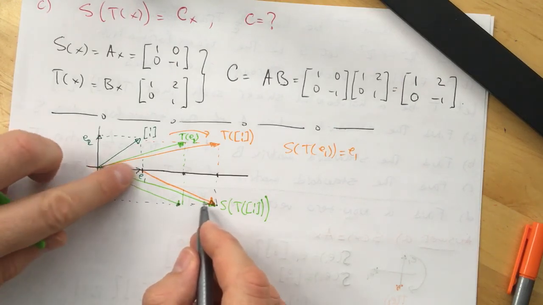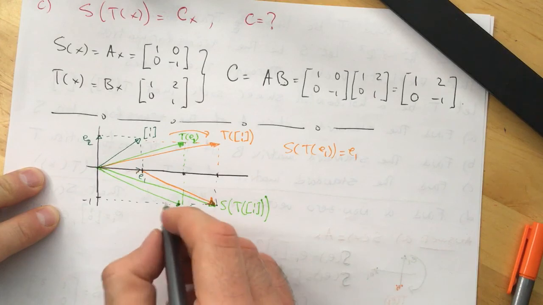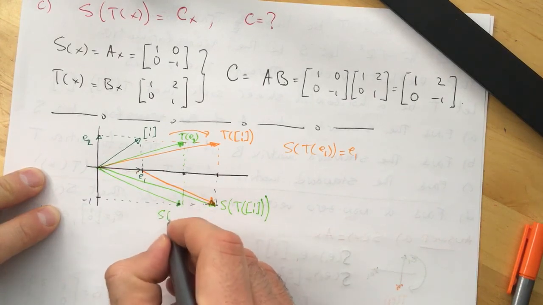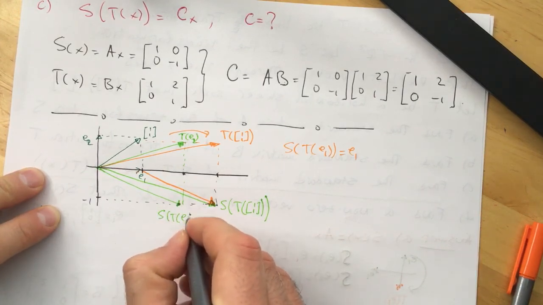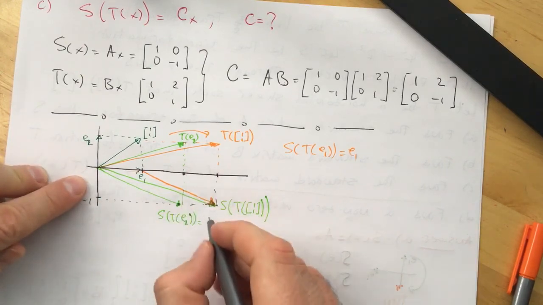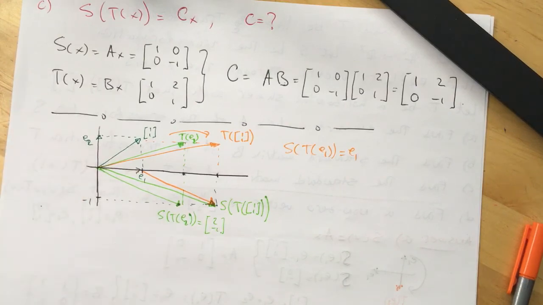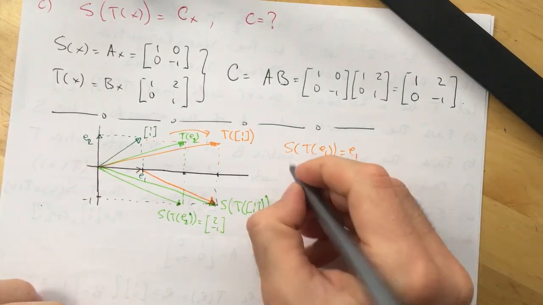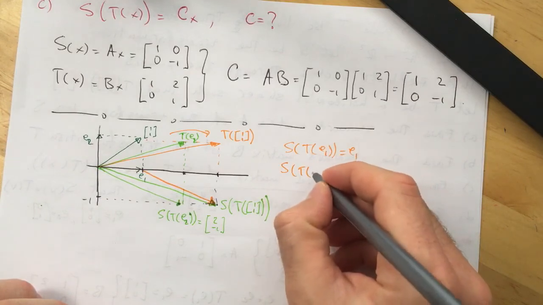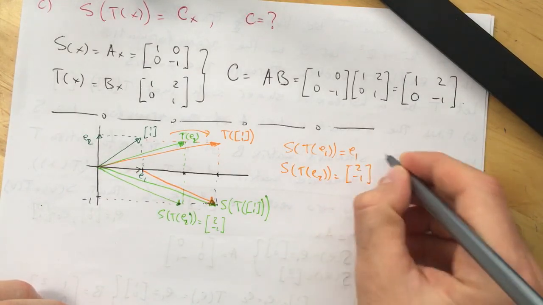If you just translate it to start at the terminal point of E1, you'll get the same thing. So this is S of T of E2. And how much is this vector? Well, this vector is (2, -1). So S of T of E2 is equal to (2, -1).